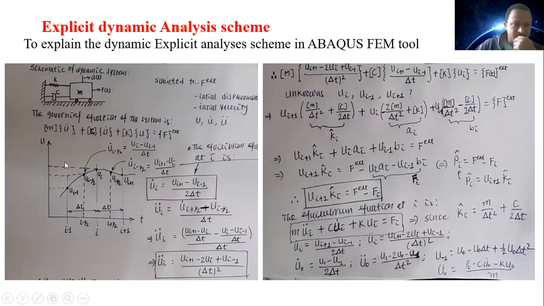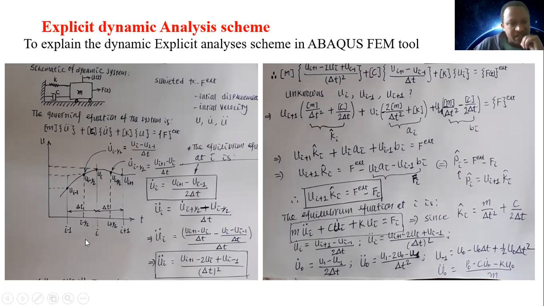And then, plotting the u versus t graph, we can apply the central difference method for the steps, starting from i minus 1, i minus 1/2, i plus 1/2, and i plus 1 within this interval.